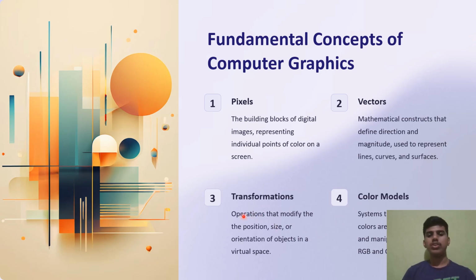The third one is transformations, operations that modify the position, size, or orientation of objects in a virtual space. The fourth one is color models, systems that allow colors to be represented and manipulated using RGB. So RGB is the standard color model which we are using in computer graphics.